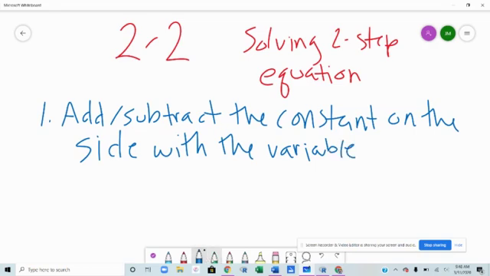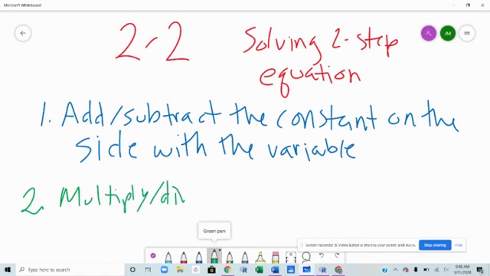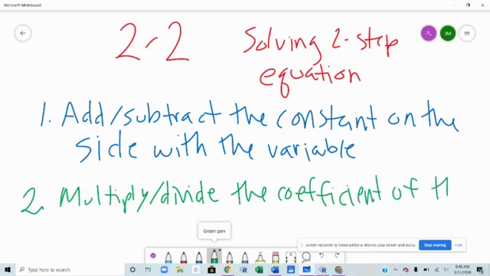So that will be step number one. And then step number two will be multiply or divide the coefficient of the variable.